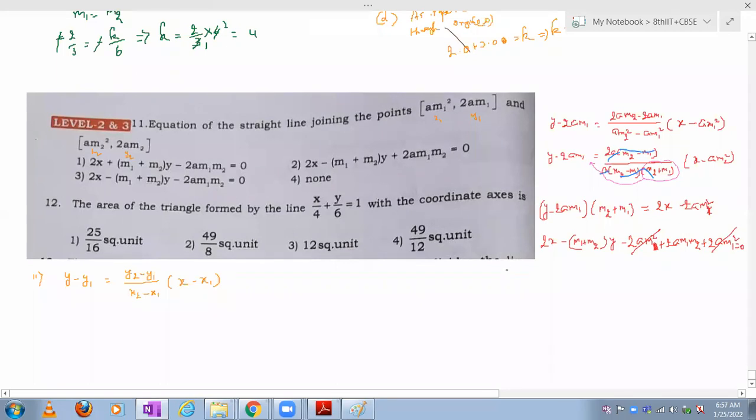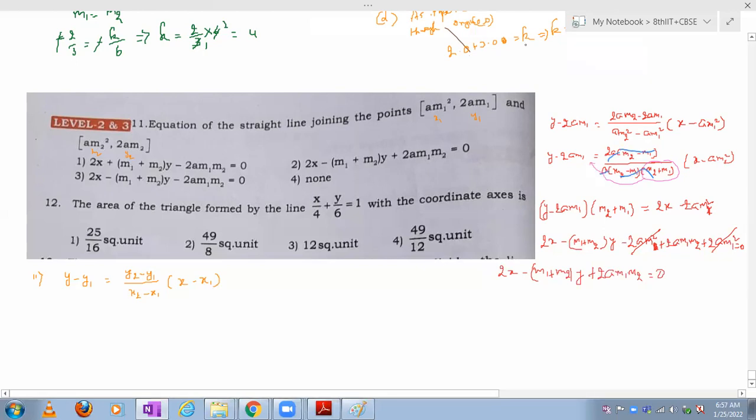So what is the equation now? At last you will get 2x minus (m1 plus m2) whole into y plus 2a m1 m2 is equal to 0. This is the equation of the straight line.